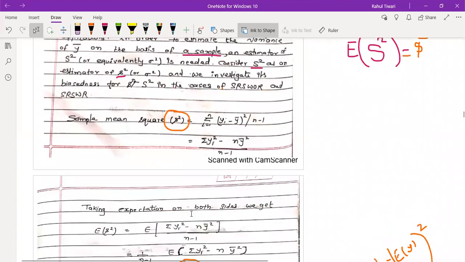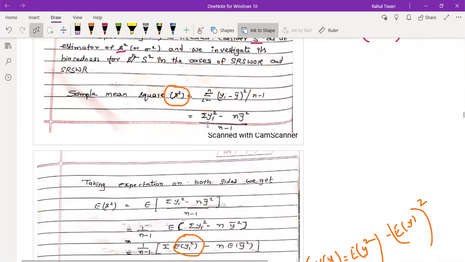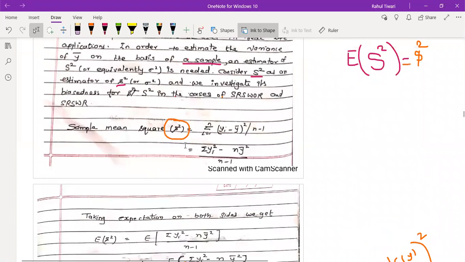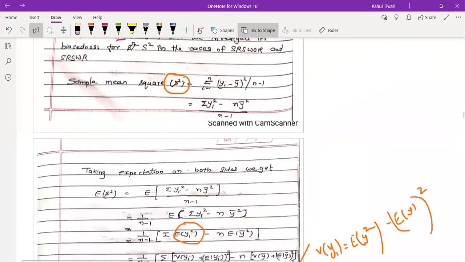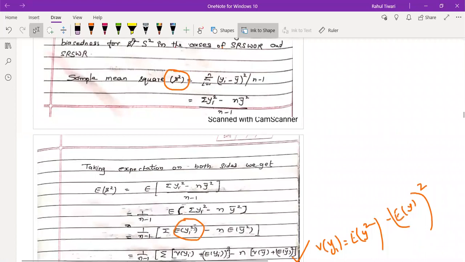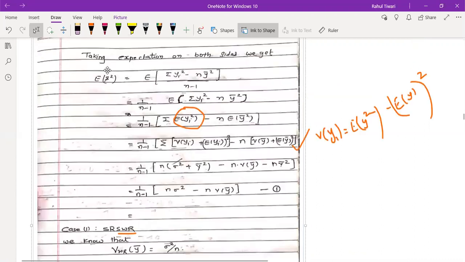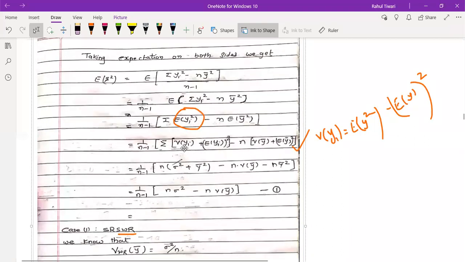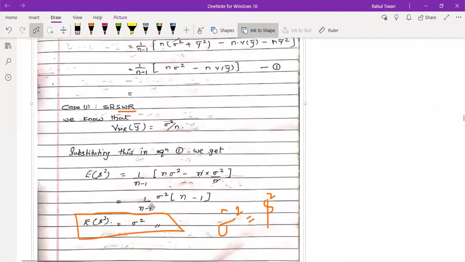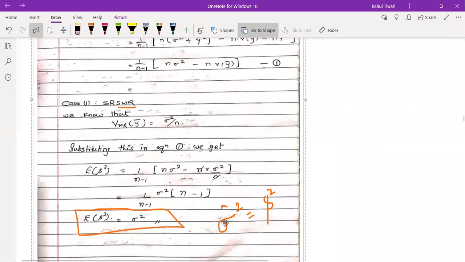Estimation of variance means, since we are dealing with the population, but the population is sometimes unknown, we replace it by estimates. So what will be small s square, and based on small s square, we have to check whether this small s square is equivalent to what quantity. We have shown that it is equal to sigma square, so one can get estimates directly.